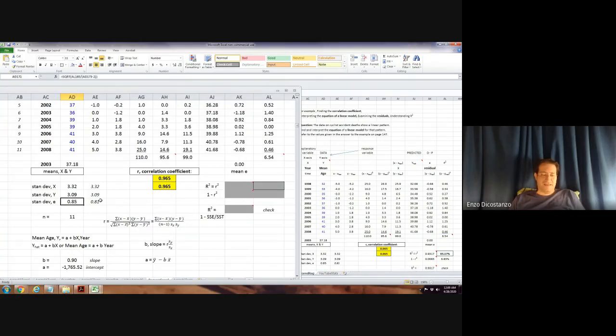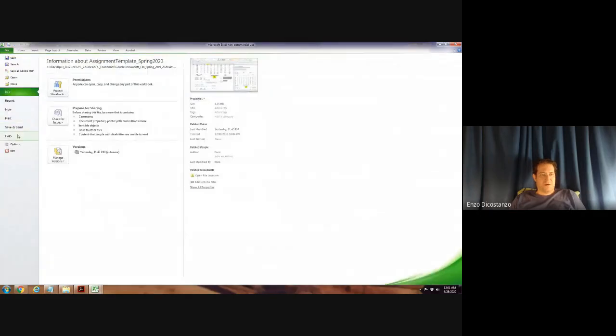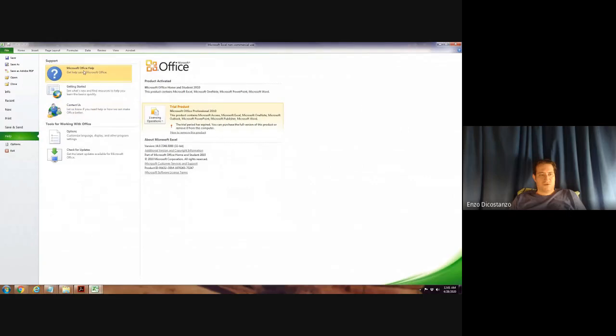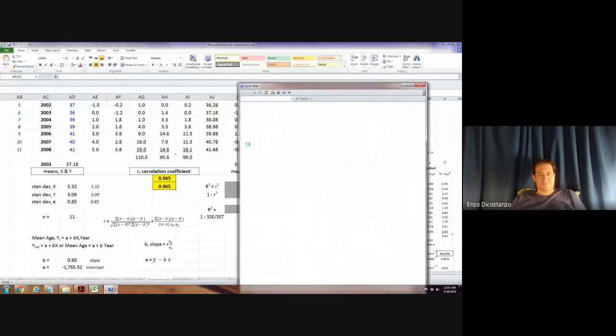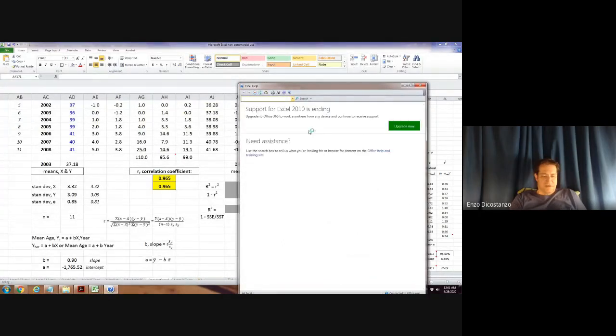I'm sure I'll learn eventually how to do the standard deviation with the second degree of freedom. Actually, just very quickly while we're here, go to help. We'll type in standard deviation 2 degrees of freedom.